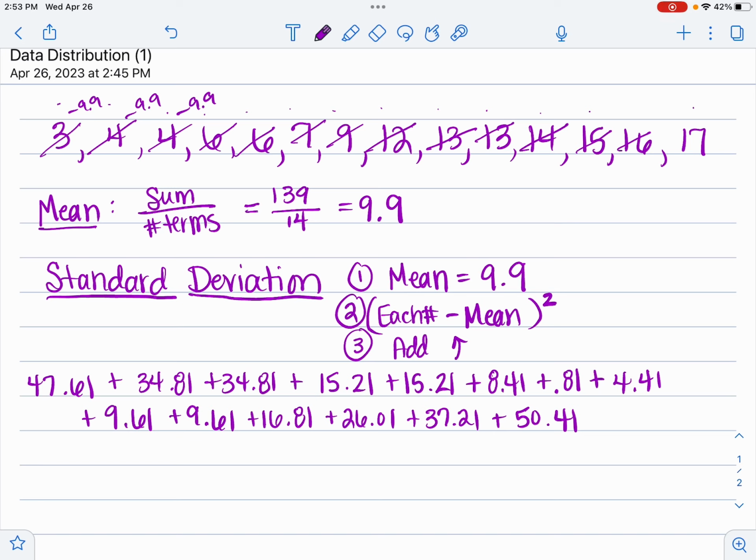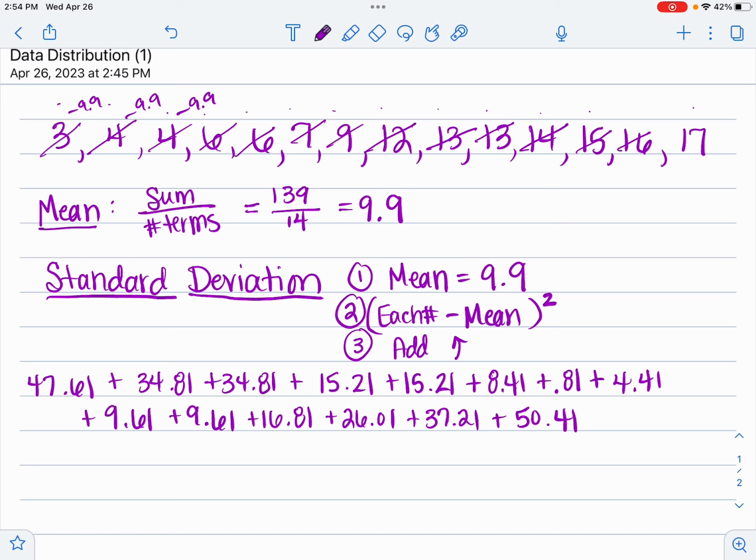15.21, let's see, I got that one twice. And then 8.41 twice, nope, just once. 0.81 plus 4.41 plus 9.61, which we do have twice, plus 16.81 plus 26.01, 37.21.